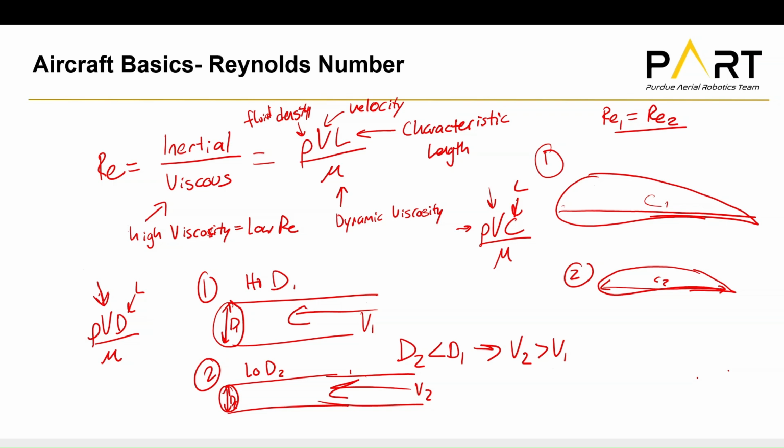For a wind tunnel, we might want to crank up that velocity to be a little bit higher. So V2 should be higher than our flight speed, which is V1. And then theoretically, we would get the exact same coefficients of lift and drag and moment out of our wind tunnel models as we would for the actual plane. So when you're doing X-Flyer and you're thinking, what the heck is my Reynolds number?